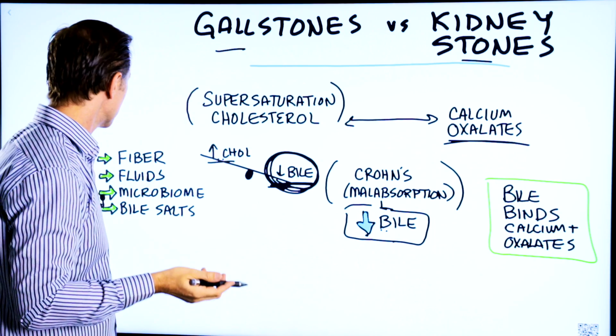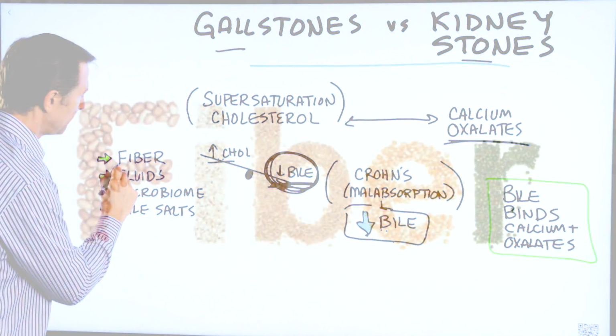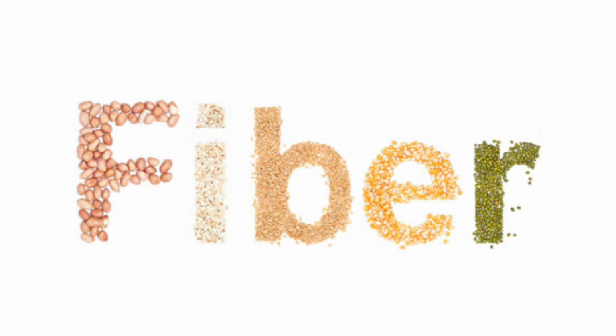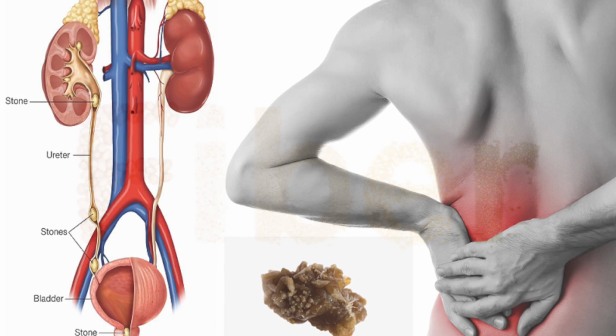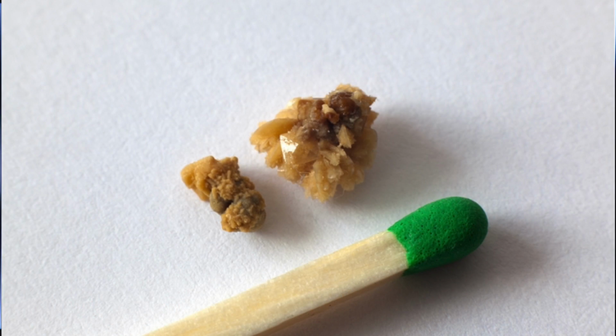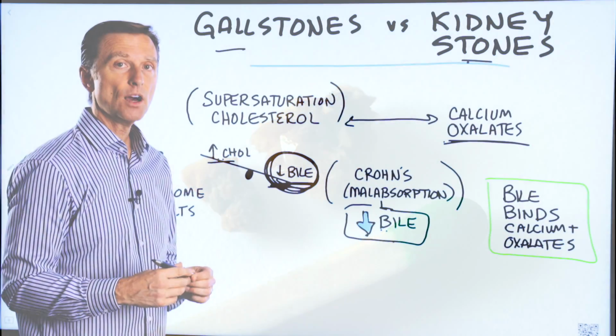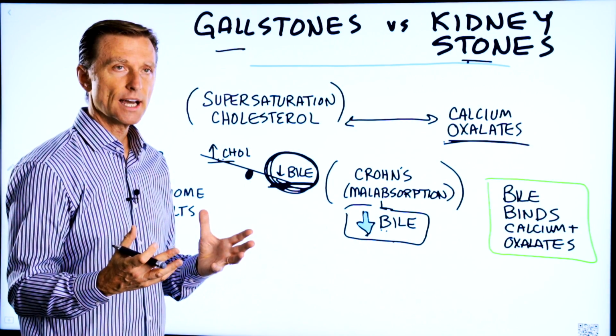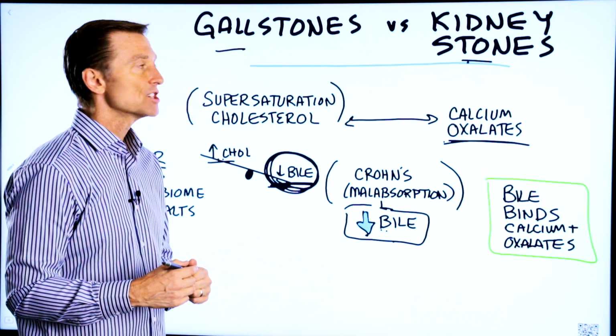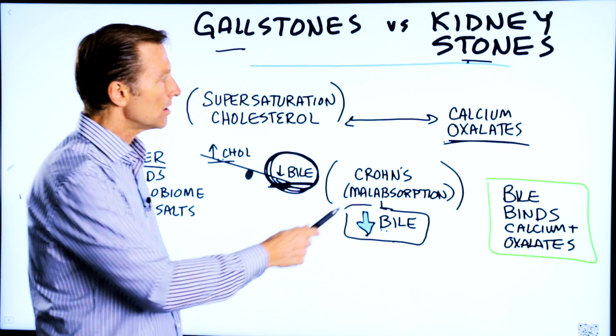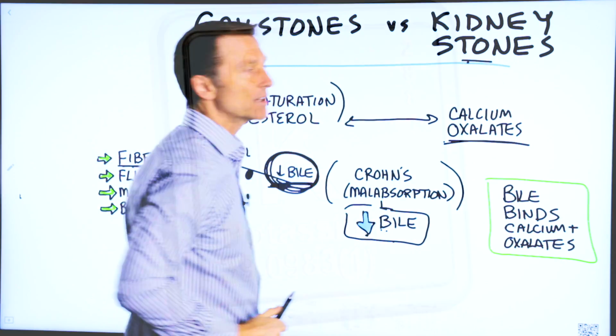If we take it one step further, we look at fiber. Fiber also can decrease the risk of kidney stones because it binds with calcium and oxalates. So one thing you need to know is that a good amount of vegetables in your diet will help you. Also, vegetables contain magnesium, which will also decrease the risk of kidney stones.